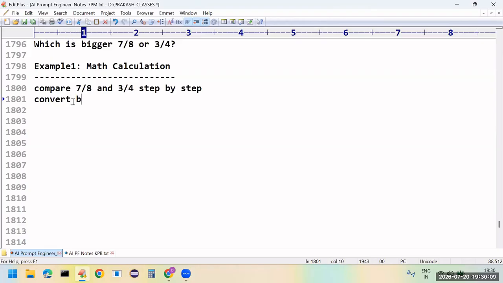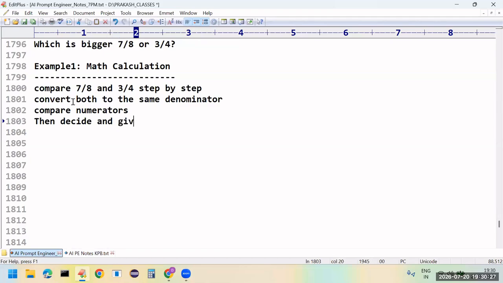Convert both fractions to the same denominator. Then compare the numerators. Then decide and give the final answer.